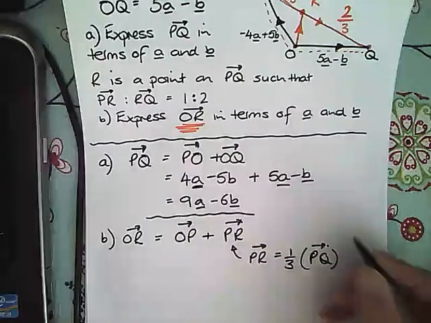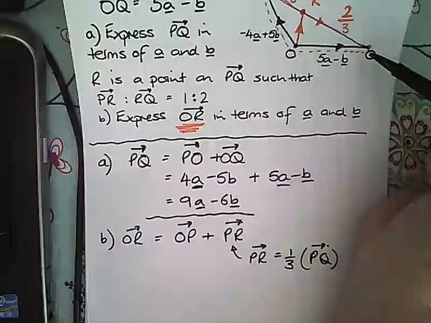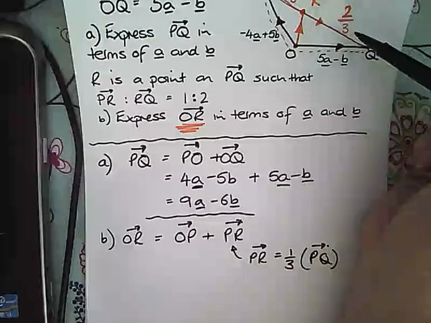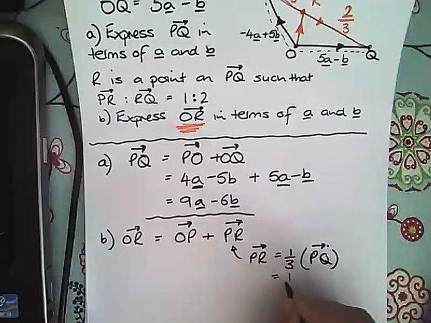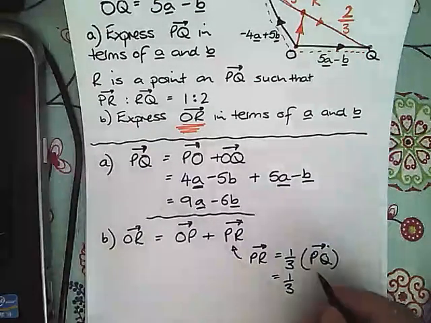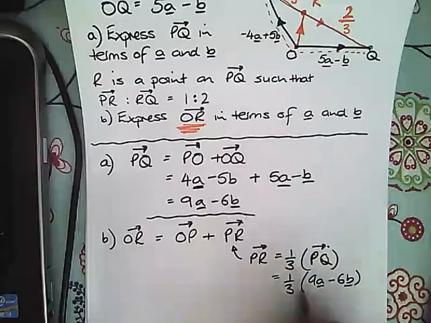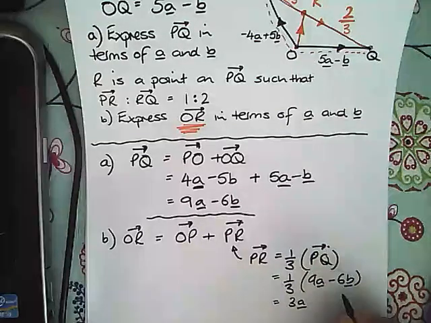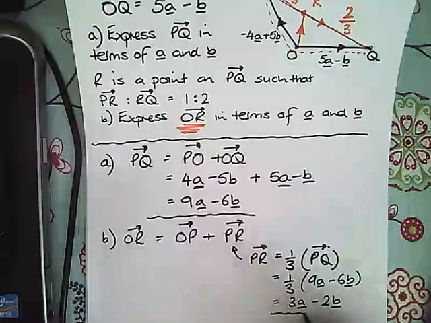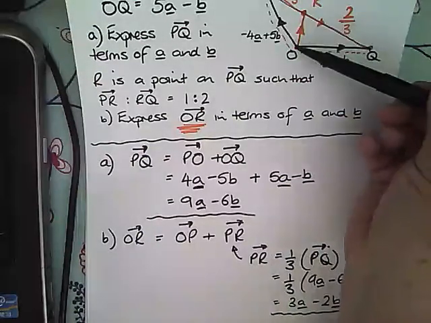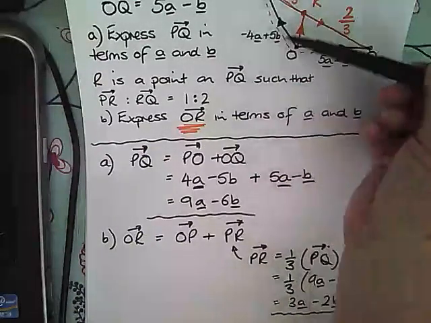And that's why I chose to go that way, because I've got PQ and I don't have to go the wrong way along that particular vector. So 1/3 of PQ, which is 9a minus 6b, and 1/3 of 9 is 3, and 1/3 of 6 is 2. So I have got PR. I know what OP is, because O to P is this value here.